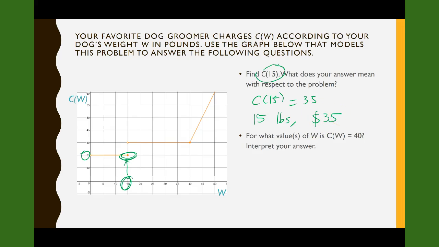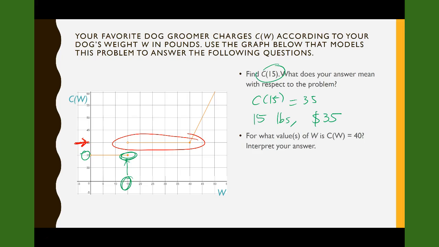Okay. The second one: for what values of W is C of W equal to 40? Now this one is the other way around. They gave us the output. The output is 40. So here is 40. And it actually is this part here. If you look at it, the question is for what values of W is C of W equal to 40.